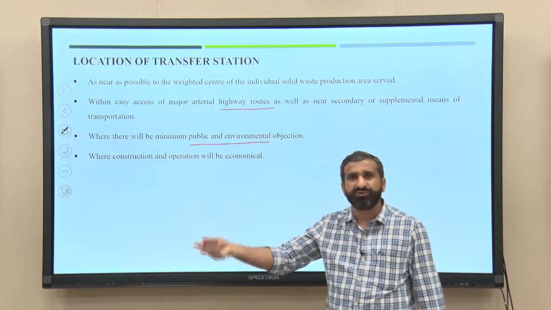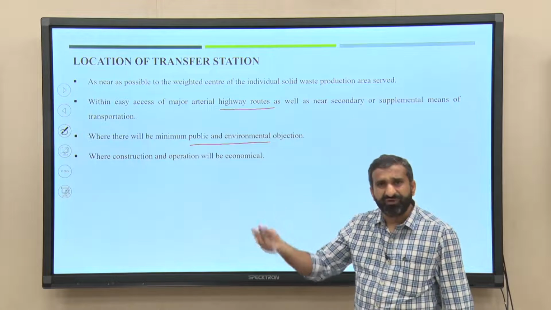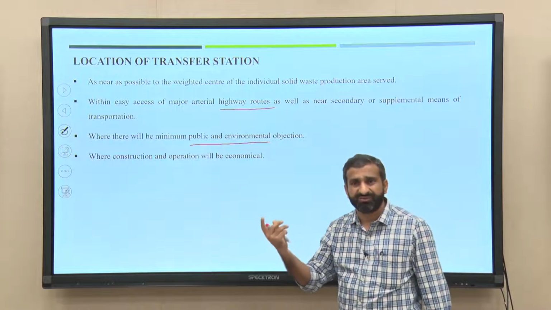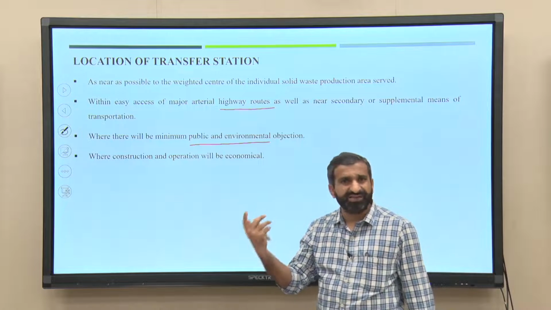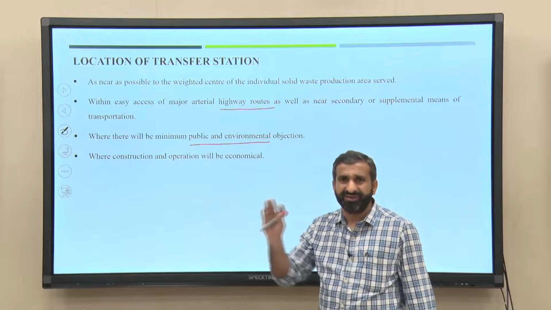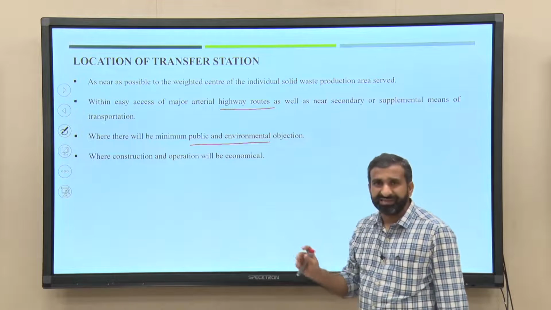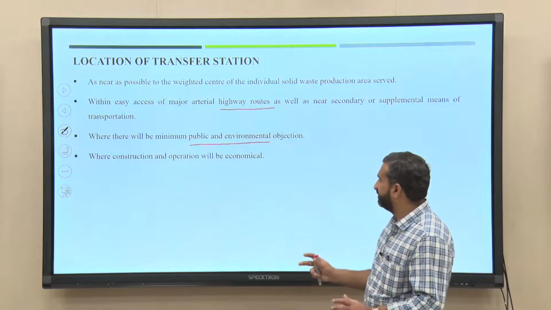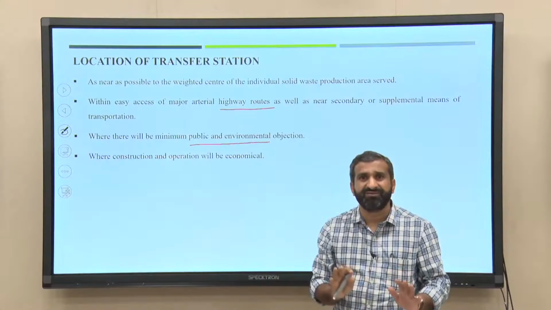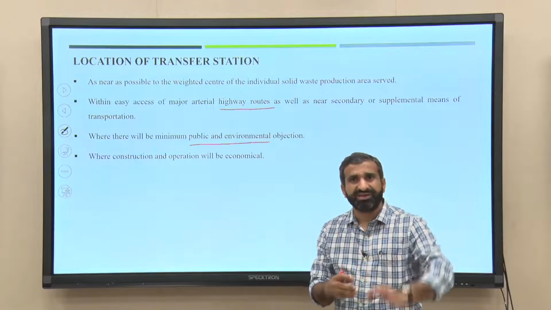That can be put into the storage pit, and whatever recycling or other operation we can plan there, after that the waste will also be hauled to the disposal facility in different vehicles. If you are planning that, obviously the public objections will be very less, and especially the environmental objection, because nobody is directly touching the biological waste, as it is under direct load.